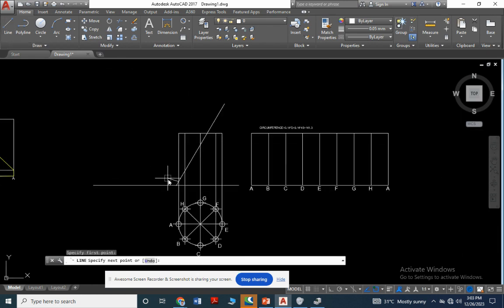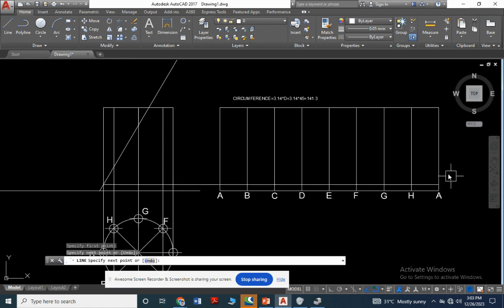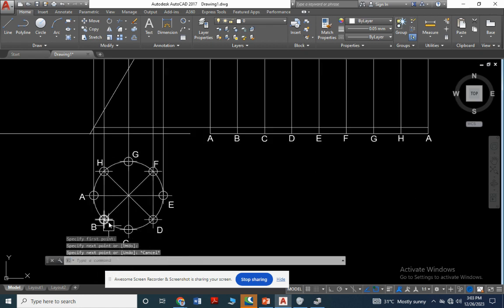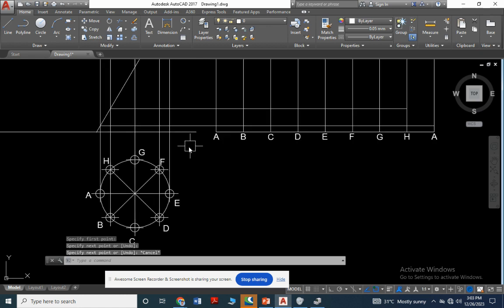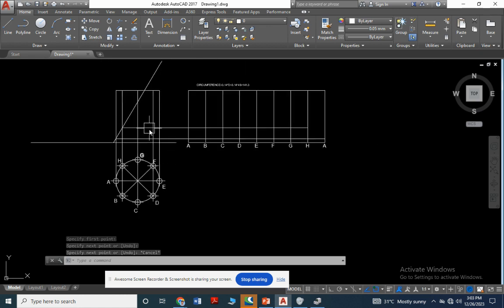Now draw the lines, projectors from A to A. First line, then second one B and H. Draw the line up to B, up to H. Then CG, center point C and G, and similarly G point.